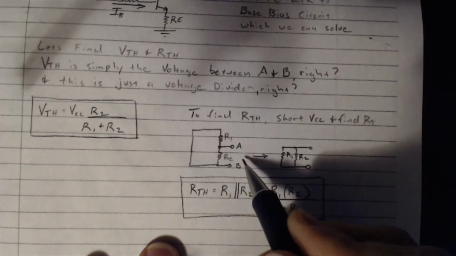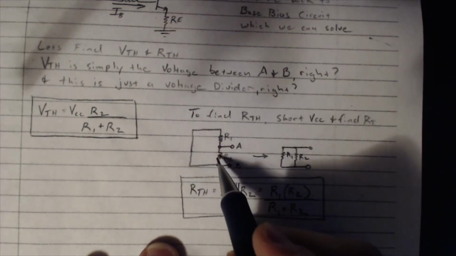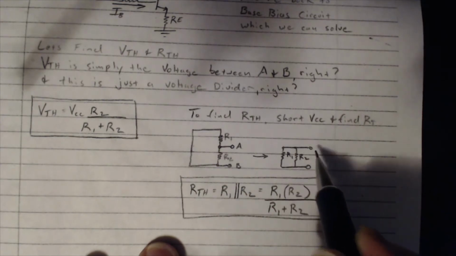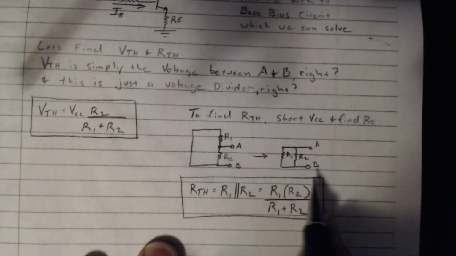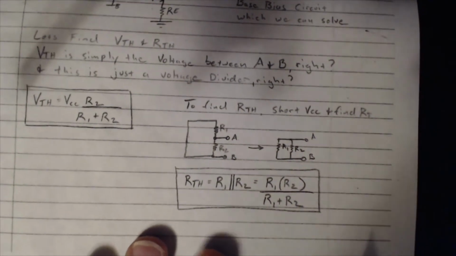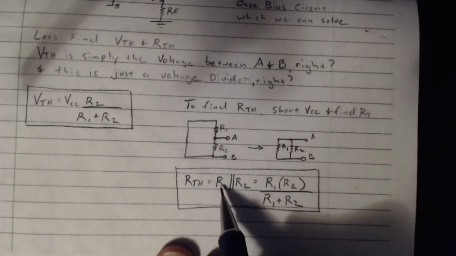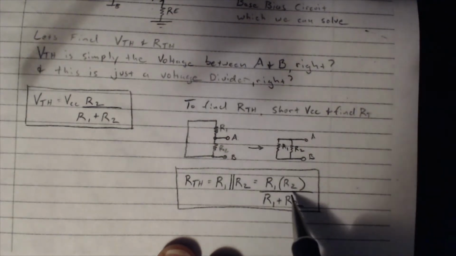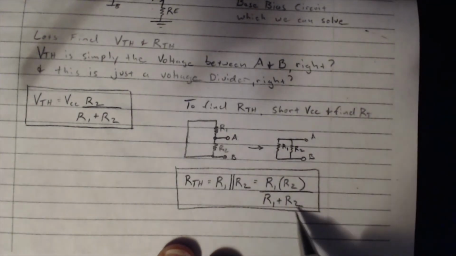If you notice, once we short out the voltage source, it now places R1 in parallel with R2, like this, between points A and B. So our Thevenin resistance is just R1 in parallel with R2, which is equal to R1 times R2 divided by R1 plus R2.